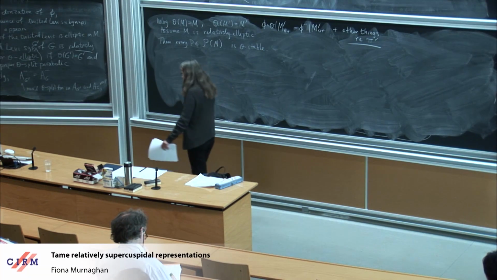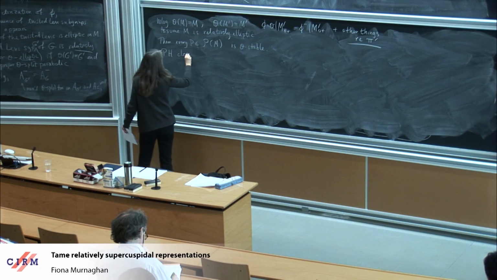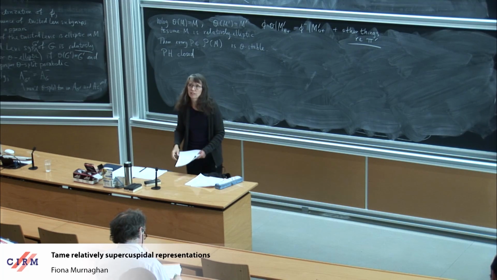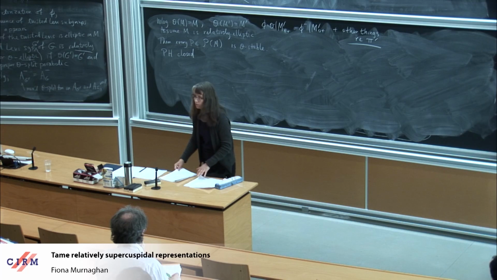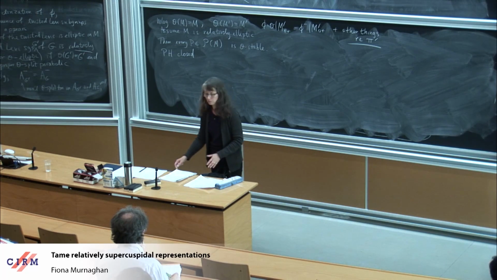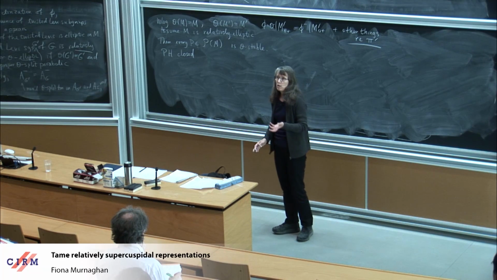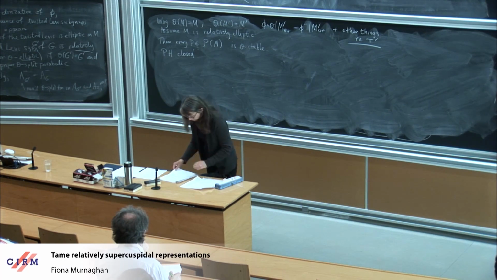So in particular, P H is closed. If we have an invariant form at the level of the Levi, or up to some sort of twist, then we're going to be able to lift it to an invariant form at the level of G. We don't really need relatively elliptic for this. This will work if the parabolic is theta stable, but we need relatively elliptic for other things here.